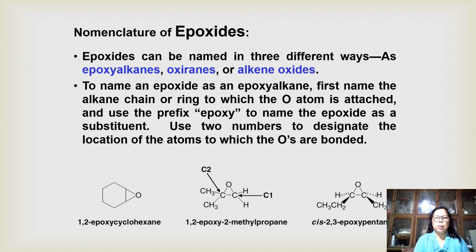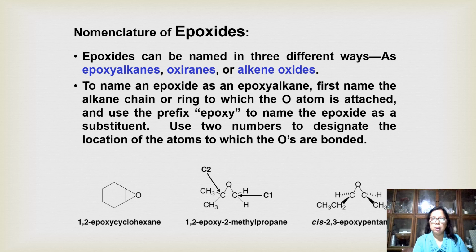So you have here your epoxy. Both carbons contain an alkyl group. The other one is ethyl, and the other one is methyl. So what is the longest carbon chain attached to the enclosed carbon-oxygen-carbon bond?